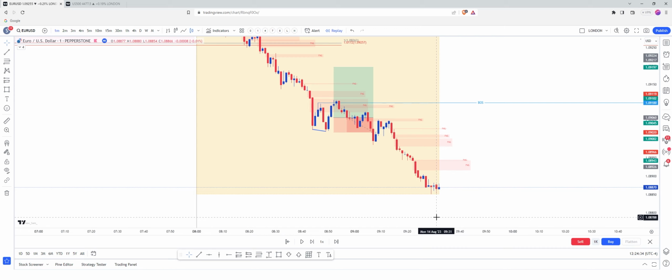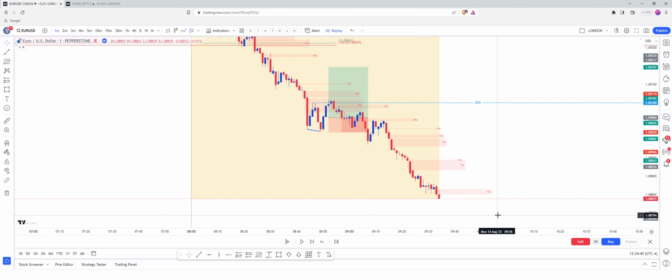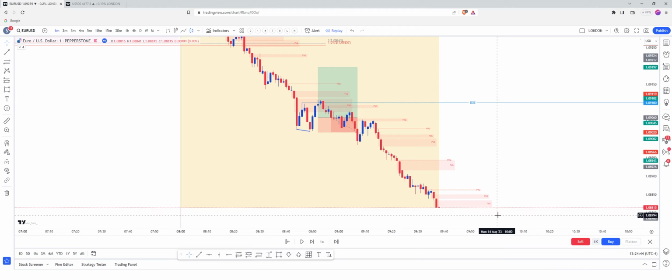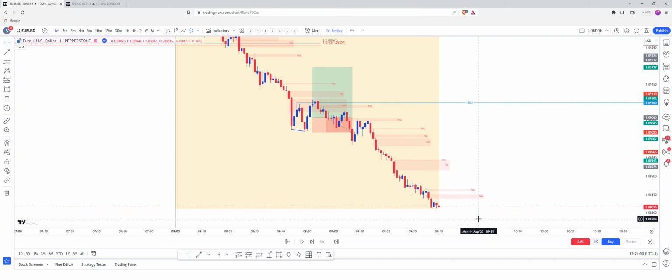So we're into 9:30 now, so the New York Stock Exchange is now open. So again, this could be an extra push of volume coming into the market. You can see the candles are getting smaller, so we're getting less displacement on this little leg here.